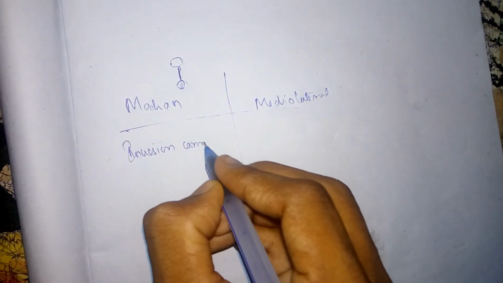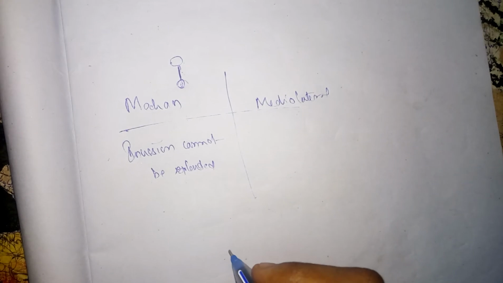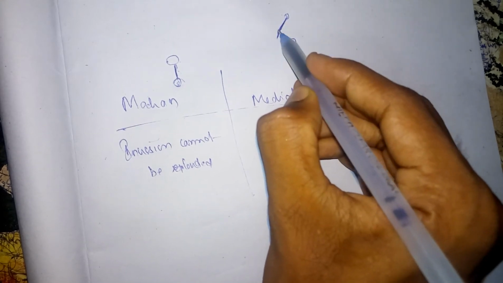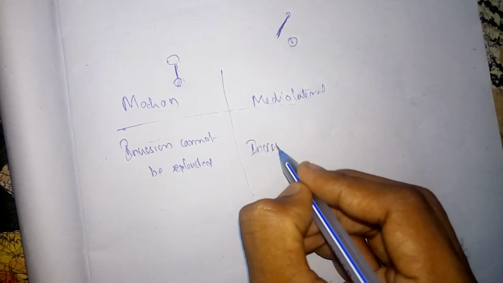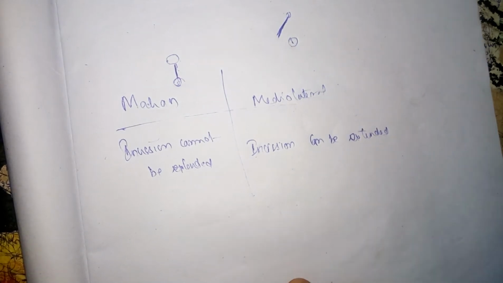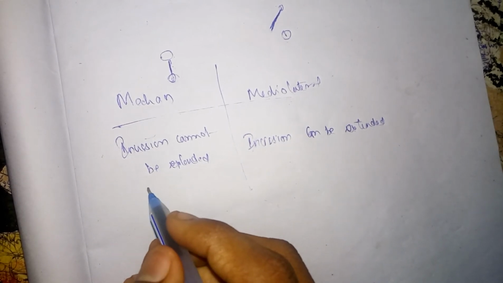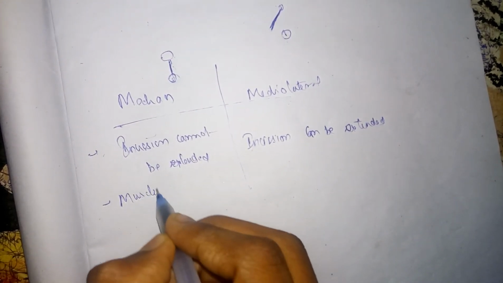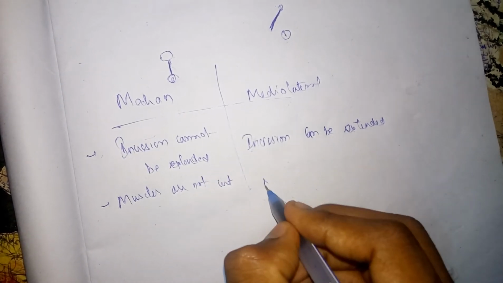But in mediolateral, it's not like that because we give it in a lateral and downward direction, so the incision can be extended. Moreover, in median episiotomy, muscles are not cut, whereas in mediolateral, muscles are cut.